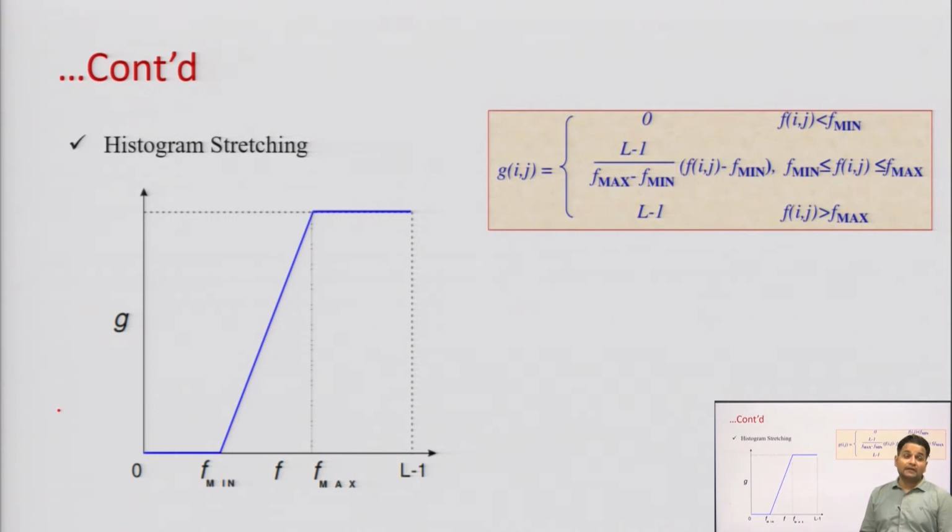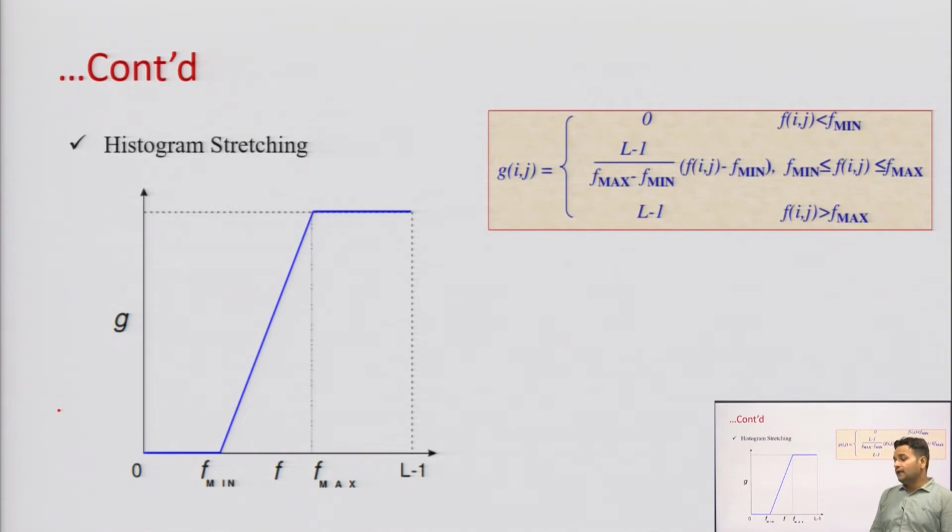Okay. Here we have to define the minimum and maximum value of gray level. After that, if it is varying from minimum to maximum, then its relation is different. So, g of i of j will become L minus 1 upon f maximum minus f of minimum multiplied by f of i j minus f of minimum.